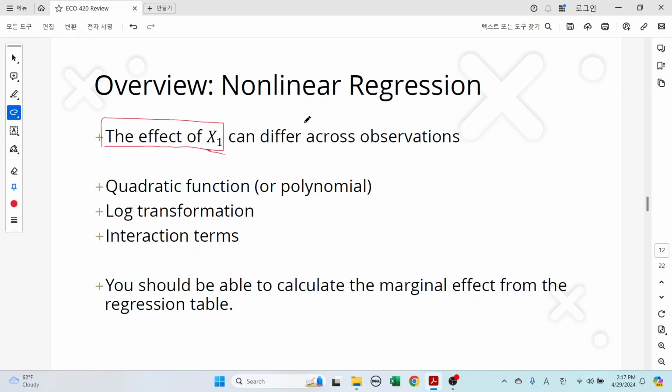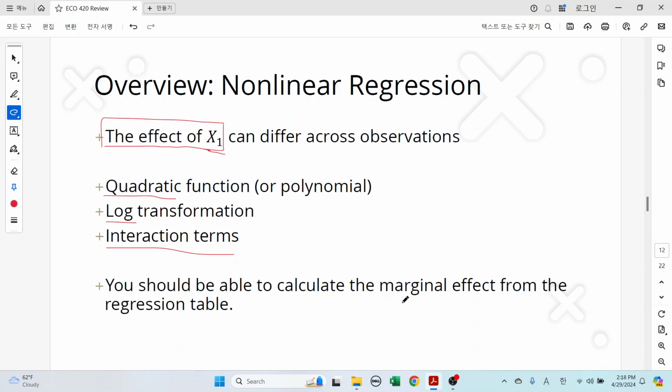In the standard linear regression, we assume that the effect is simply beta for everyone in any case, but that is very restrictive. So we relax that. Linear model is relaxed to quadratic regression, quadratic function, or logarithm. Log transformation is taken, or we allow interactions across variables.